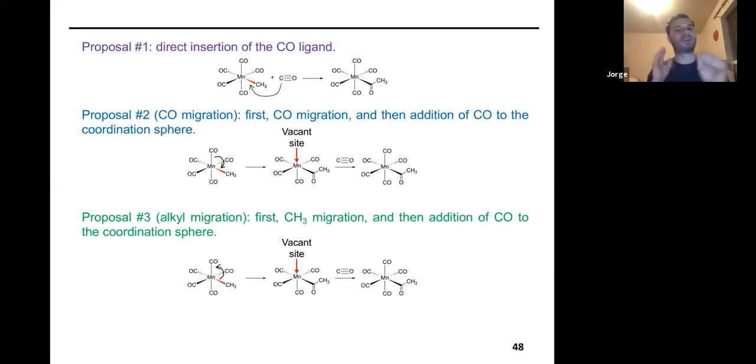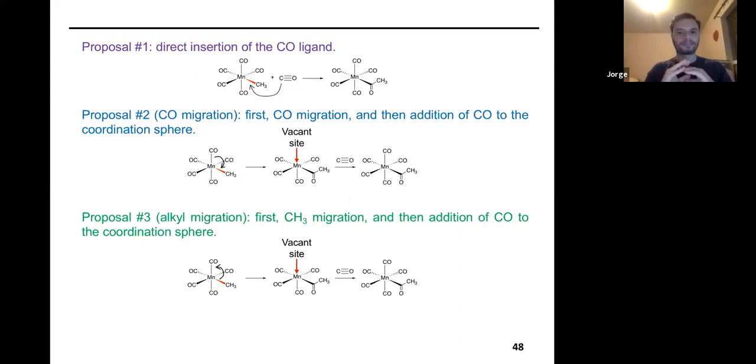Proposal number 1, straight insertion of CO. Proposal number 2, the CO migrates, and then there is addition of CO to fill up the coordination sphere. Proposal number 3 states that the alkyl group is the one that migrates, creating a vacant site here that's going to be filled by the CO ligand, reestablishing the hexacoordinate species.